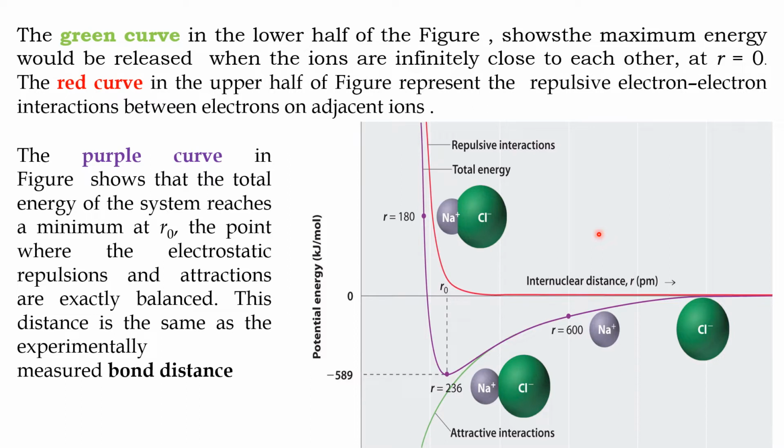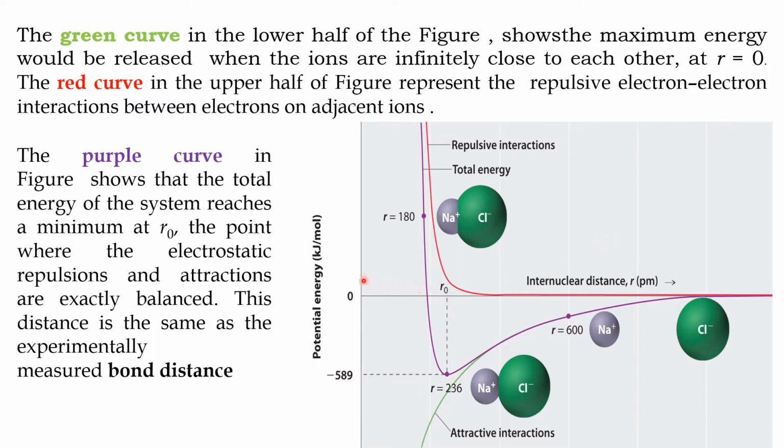Similarly, the electrons of the chloride ion are attracted to the positive part of the sodium ion, that is the nucleus of the sodium ion. So repulsive force is occurring as well as attractive force. And finally, the positive part of the sodium could repel the positive part of the chloride ion. So different interactions could happen between Na+ ions and Cl- ions.